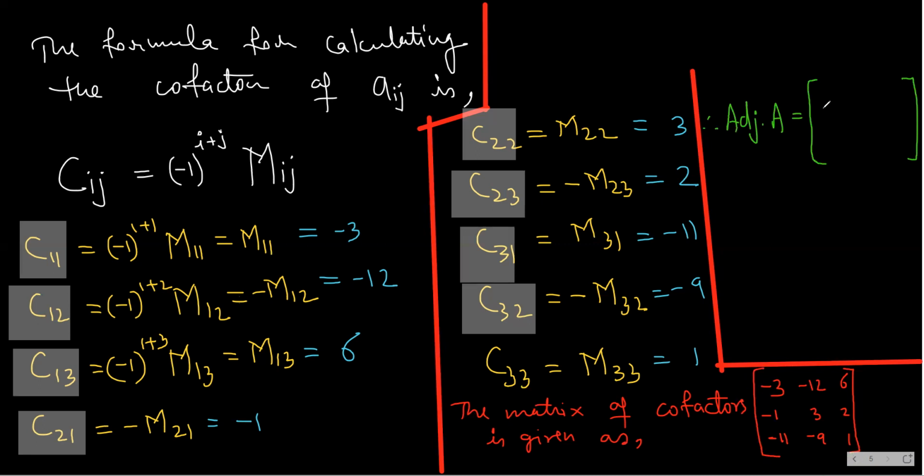When you write the transpose, you interchange rows with columns. The first row is -3, -12, 6. The second row is -1, 3, 2, and you make it the second column. And the third row becomes the third column: -11, -9, and 1. That is it. You got the adjoint of the matrix A.